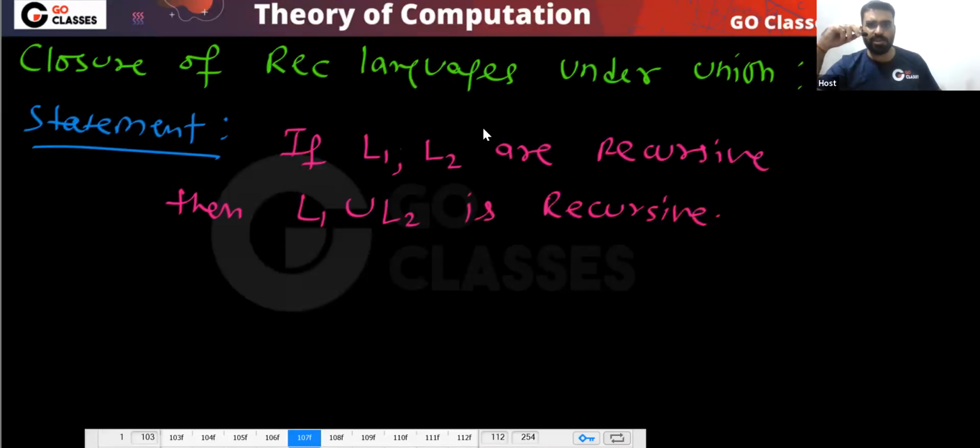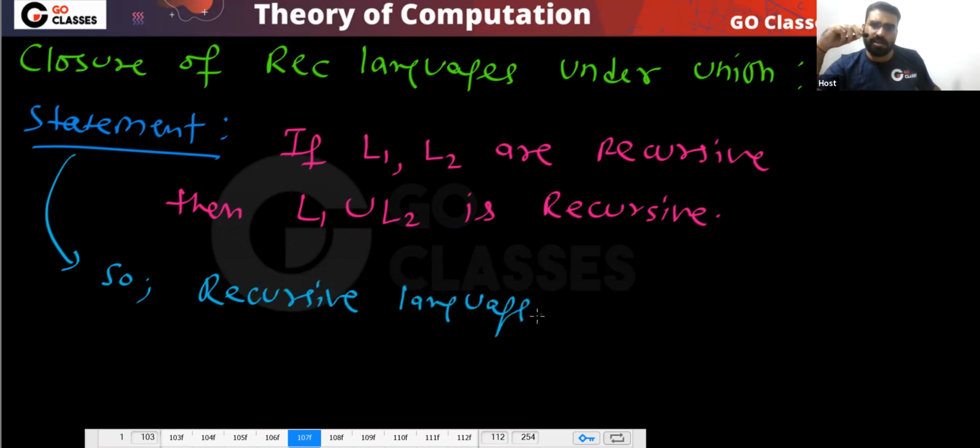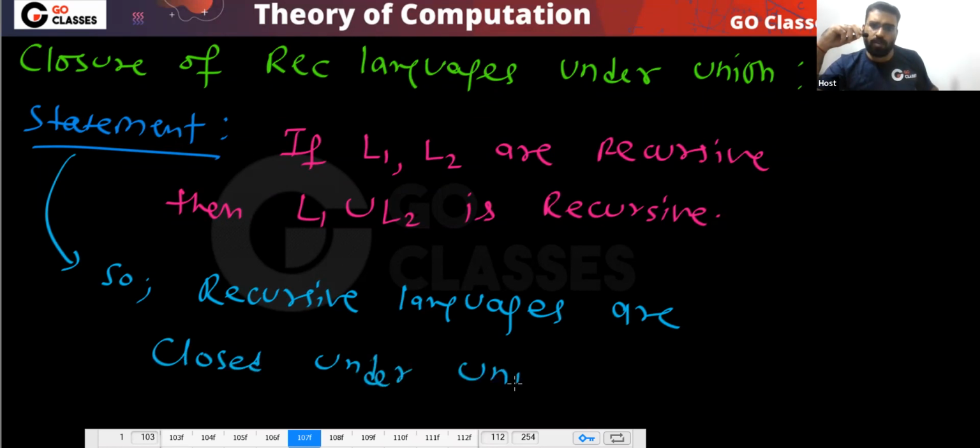This is actually true. Recursive languages are closed under union operation.